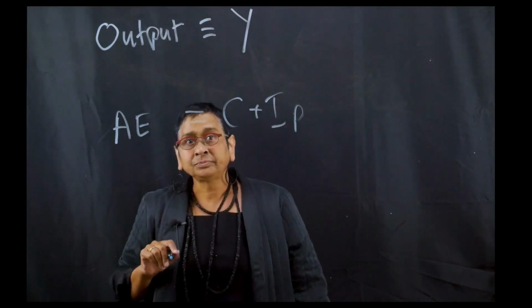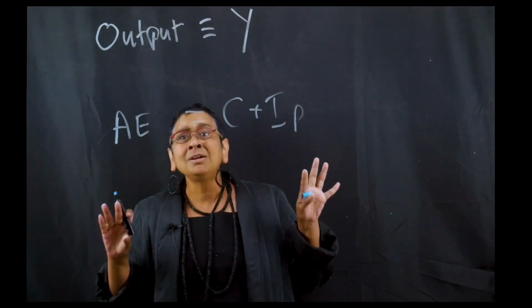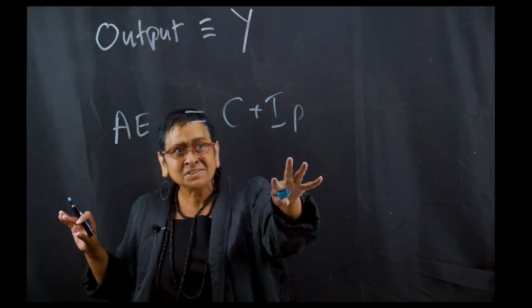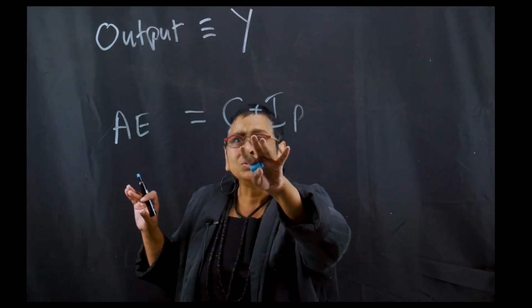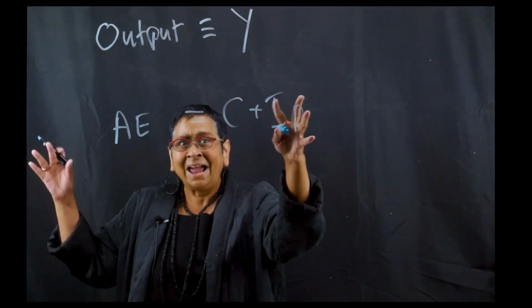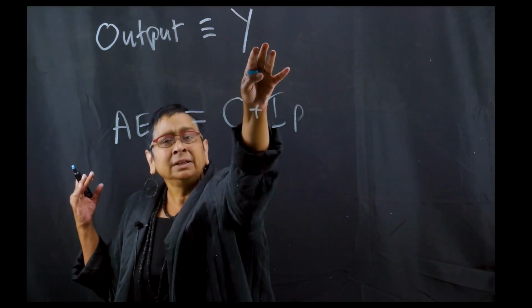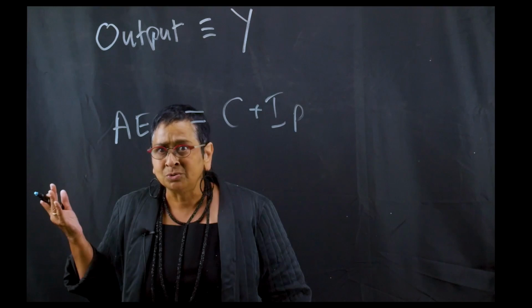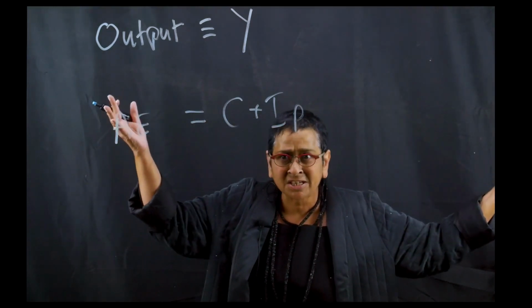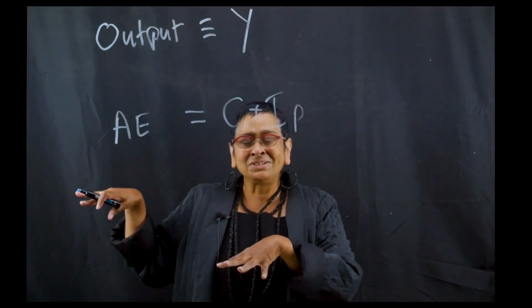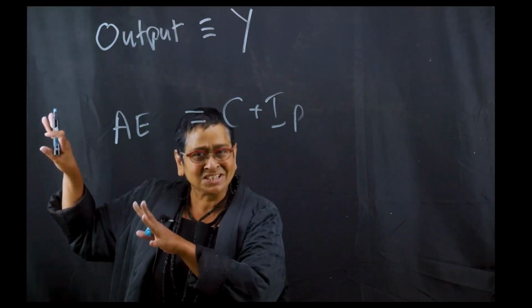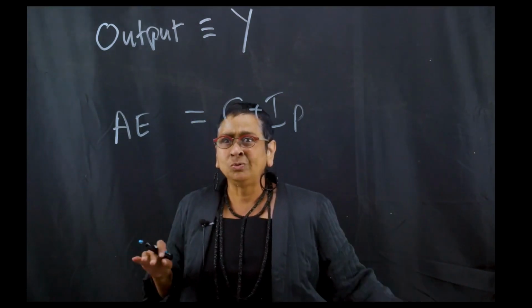Right? And as long as my investment plans and my consumption plans added together, which is my aggregate expenditure, equals the amount that I produced, it means I produced a certain amount, everybody was able to meet their plans, and we sold that amount. That's equilibrium.